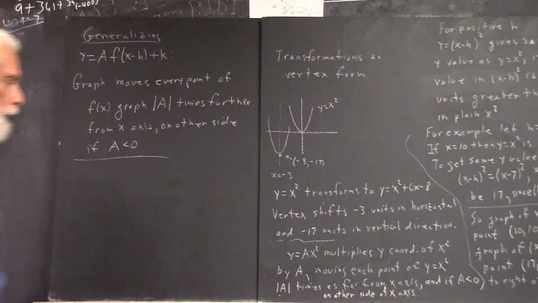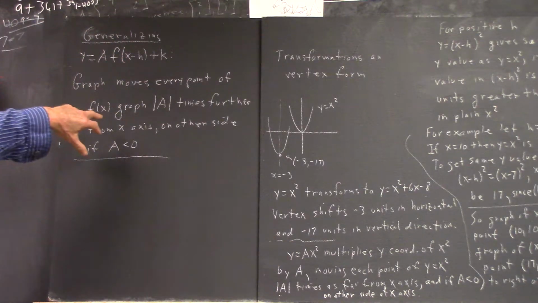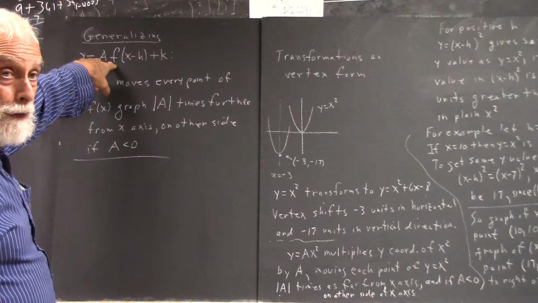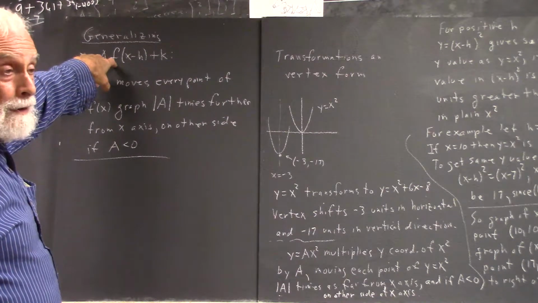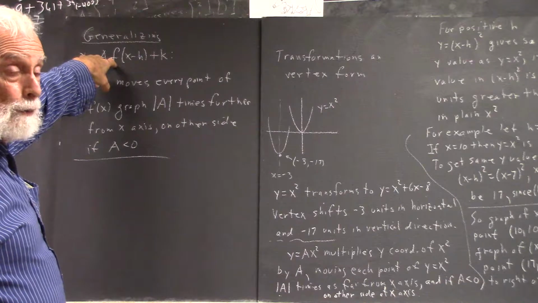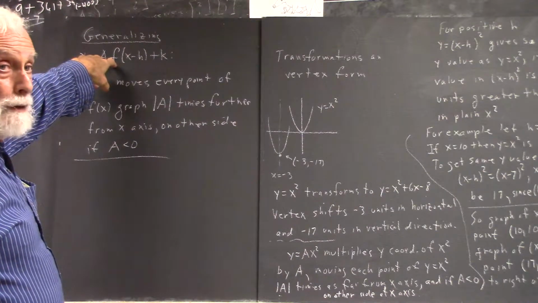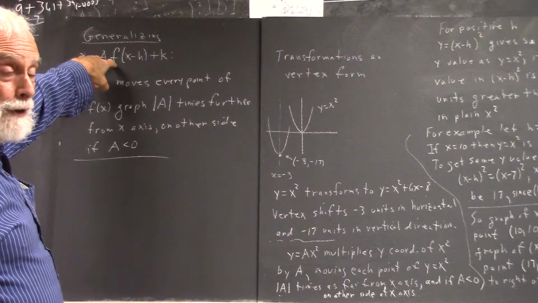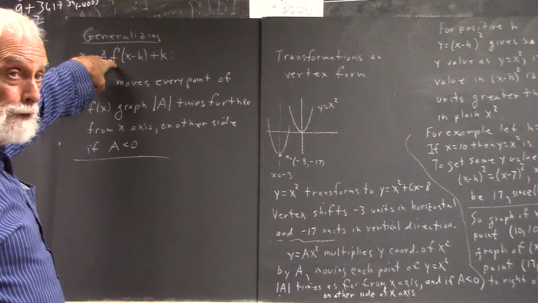Most of the whole statement I have here: the graph moves every point, whatever f of x is. Whether it's the x squared function, the x cubed function, the reciprocal, 1 over x function, 1 over x squared, square root of x, 2 to the x, any of the basic functions, or any other function, it doesn't matter what f of x is.